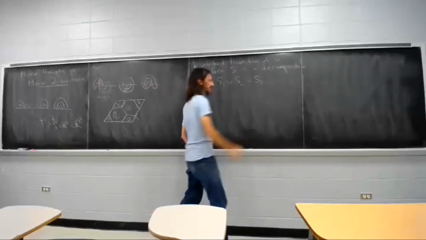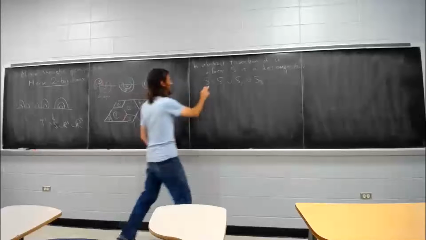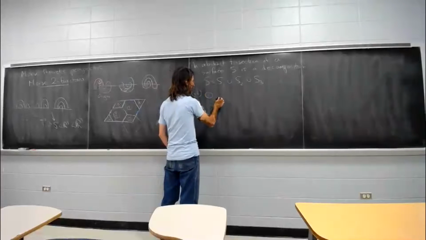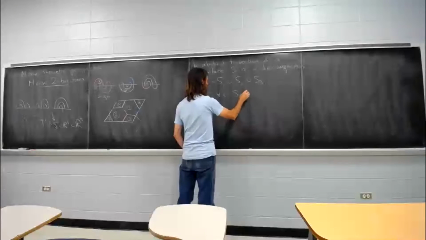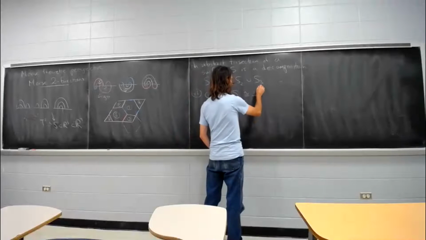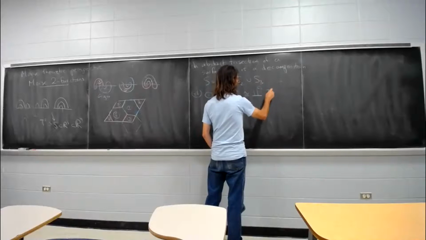I hope this lines up with Jeff's notation, but if not, fix it. And the first thing is that for each i, Si is diffeomorphic to a disjoint union of some number ci of copies of a disk, D2.